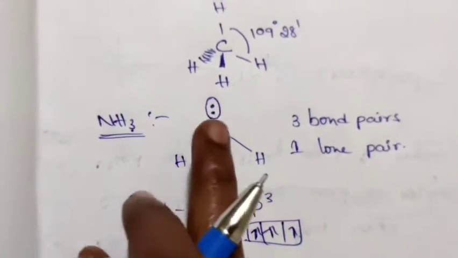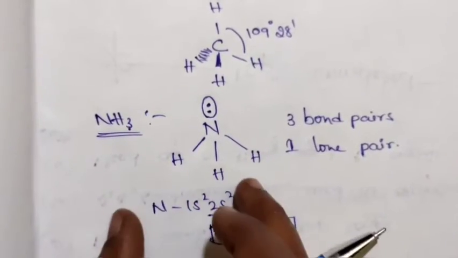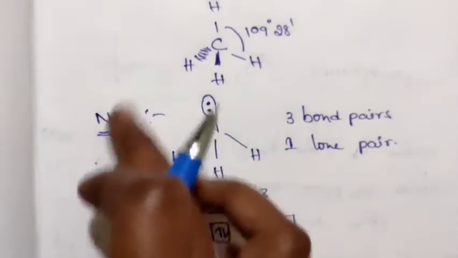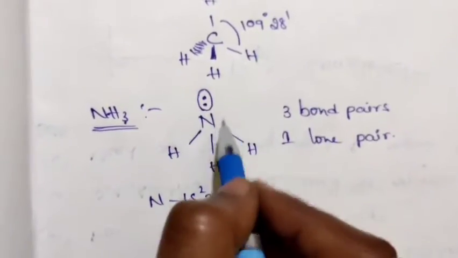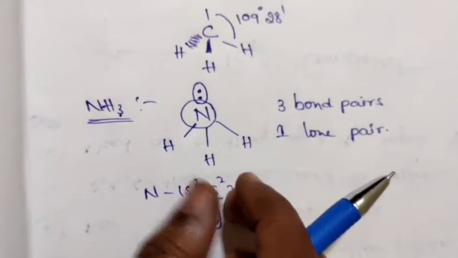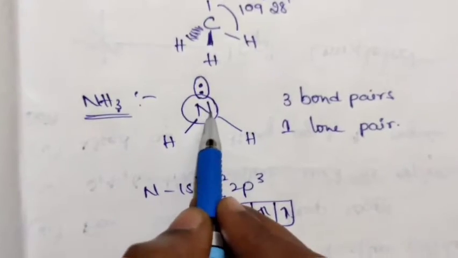In this one, the nitrogen forms covalent bonds with these 3 hydrogens, and these 3 nitrogen to hydrogen covalent bonds are present around the nucleus of the nitrogen atom, and one lone pair is present at the apex of the nitrogen.